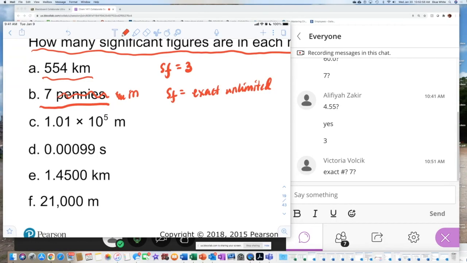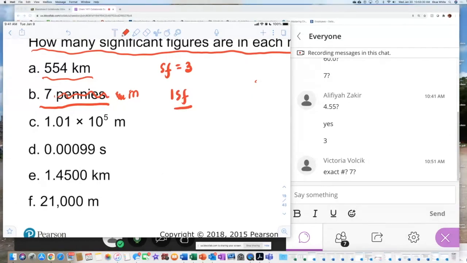Because with pennies you're just counting. So when you're counting, you either have 7 pennies or you don't. There's no estimating there. You get what I'm saying? But if you're measuring 7 meters, this will be one significant figure. So I get why they put that here, but it can be a little confusing. So 7 pennies is unlimited significant figures, but if it was 7 meters, it would be one significant figure.